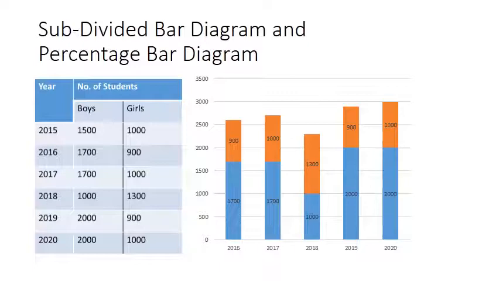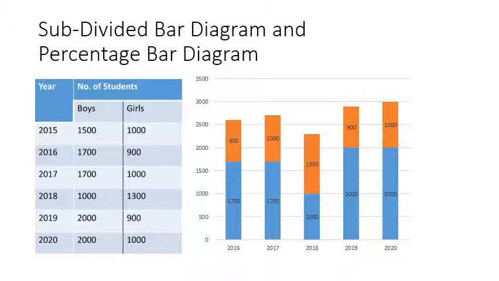And likewise the percentage bar diagram is the same as the subdivided bar diagram, but in the subdivided bar diagram we measure the actual value, but in the percentage bar diagram we measure the percentage. Let me talk about, say, in 2018 there are 2300, and in 2020 there are 3000. Total there are 3000 students, and the number of boys is 2000.